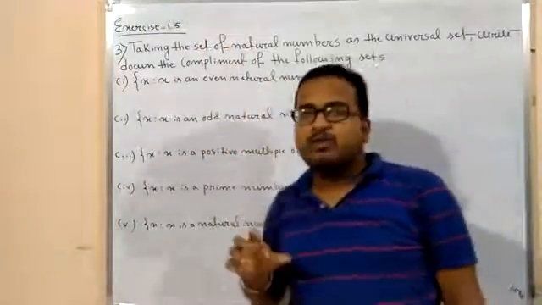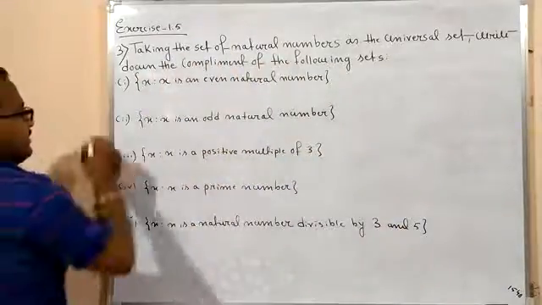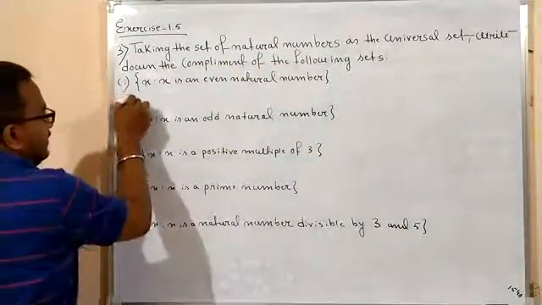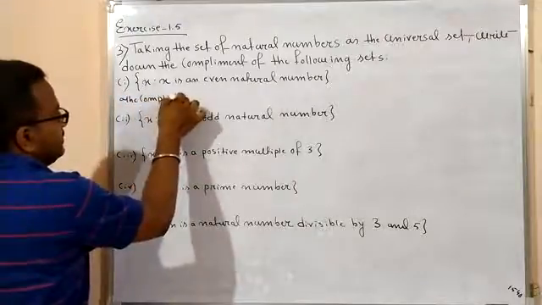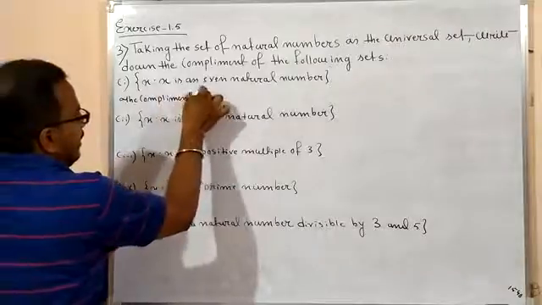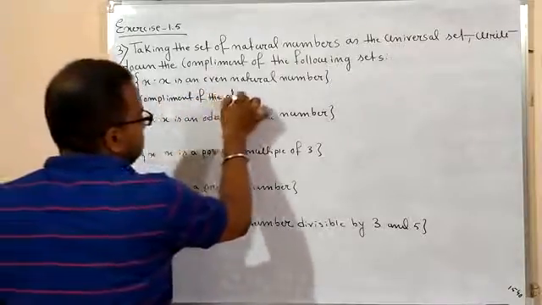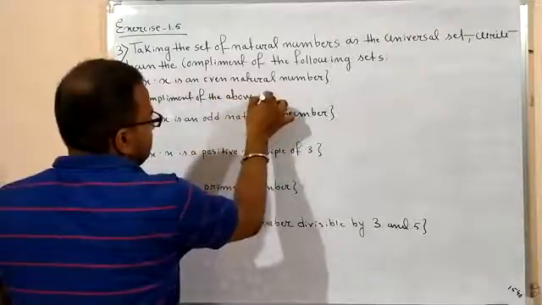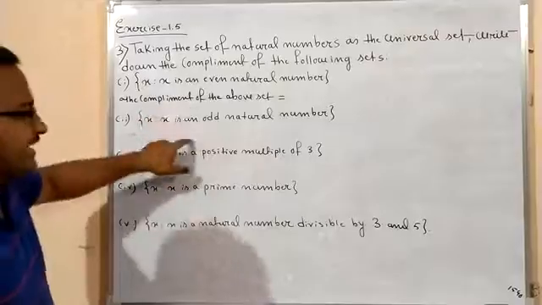This is one way, or in another way you can write the complement of the given set, the complement of the above set, or given set, equals this line. I am not going to write this line again and again.